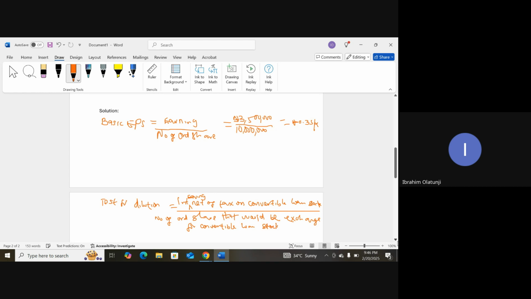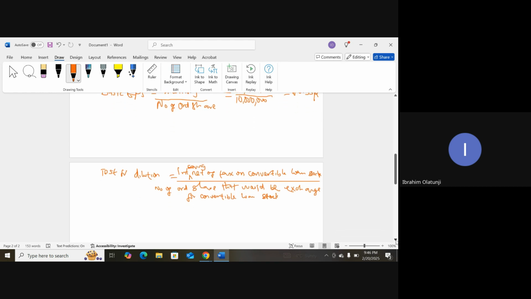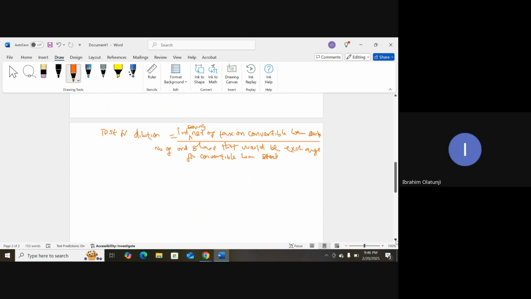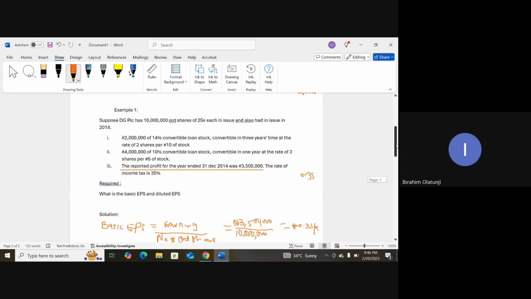So if you now go to your question, interest savings net of tax on convertible loan stock. You have to check the first one. The question given to us is based on the Roman figure 1.